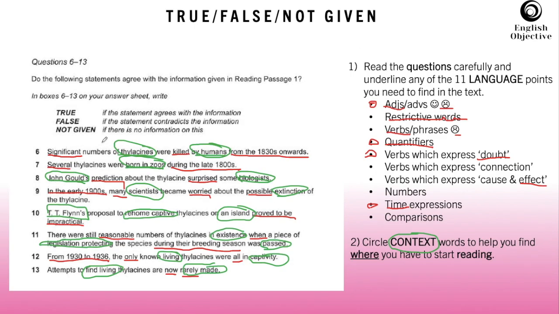So significant numbers of thylacines. I already have that. And now I would say that I need one word, right? One word, verbs or phrases or words with negative connotation, and it has to be about humans.